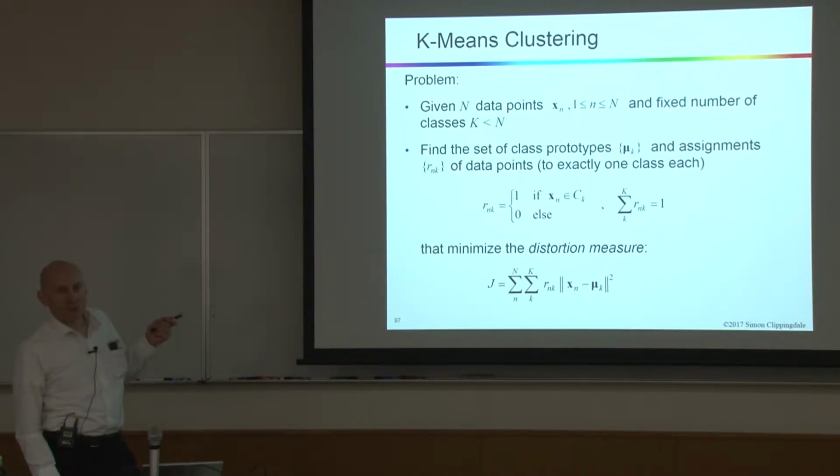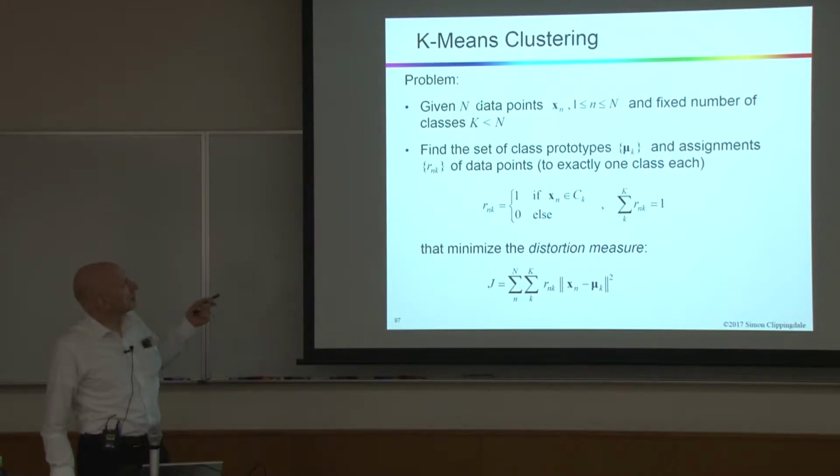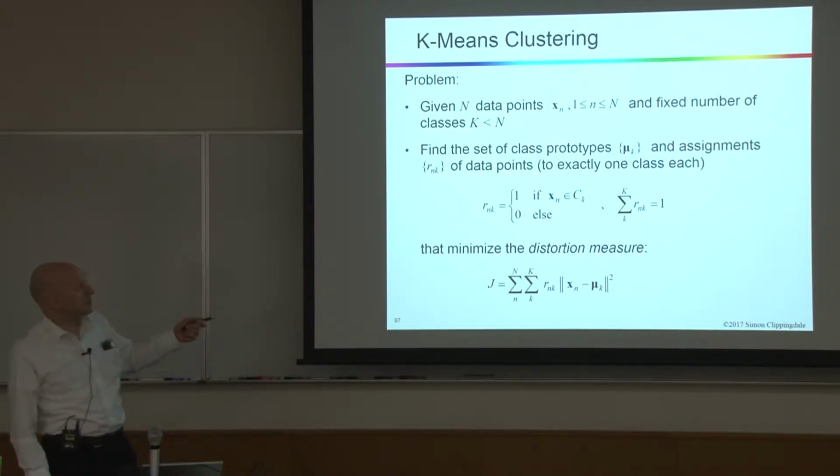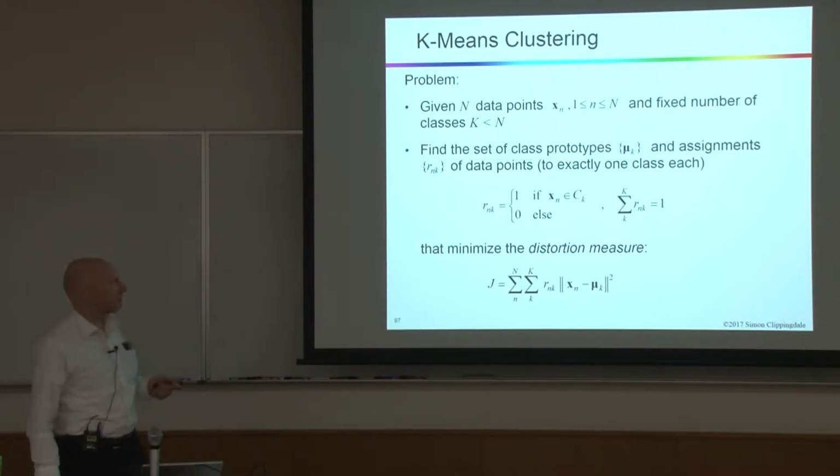Simplest clustering algorithm of this type is a thing called k-means. So you're given big N data points, xn, and a fixed number of classes k, which is less than the number of data points. And your problem is to find the set of class prototypes, or the class means, the centers of each class, and the assignments of the nth data point to the kth class for all the data points. Every point gets assigned to exactly one class.